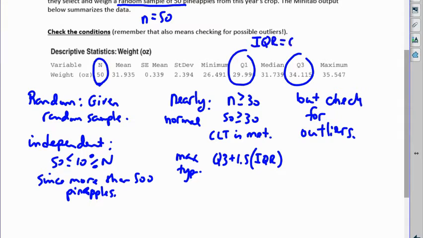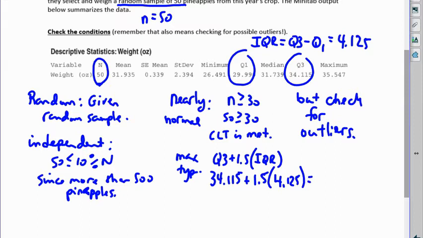IQR is Q3 minus Q1. When we do the subtraction of those two numbers that you see right there, we end up with 4.125. So my max typical will be 34.115 plus 1.5 times 4.125, and that is 40.2985. Look at the max.